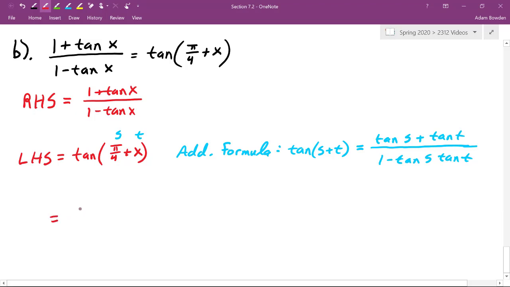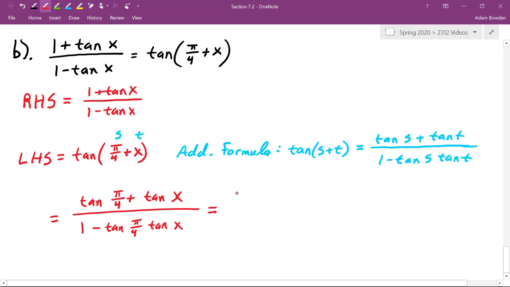We're going to put this as tan pi over 4 plus tan x all over 1 minus tan pi over 4 tan x. And we know what tan pi over 4 is. That's equal to 1.